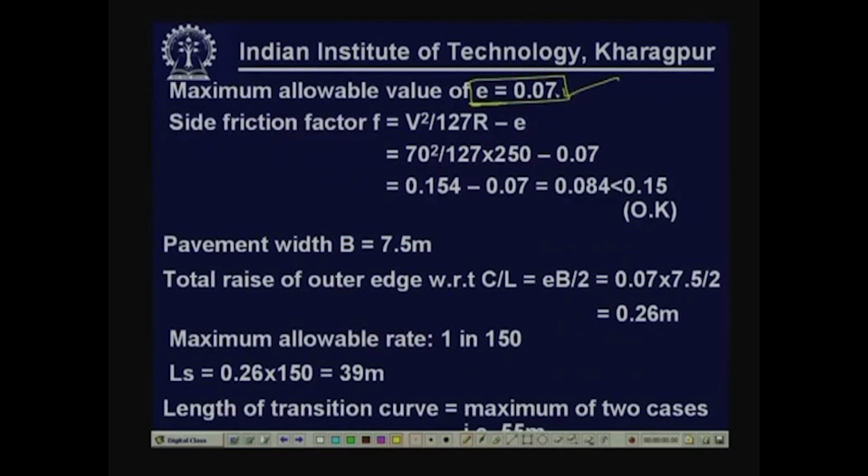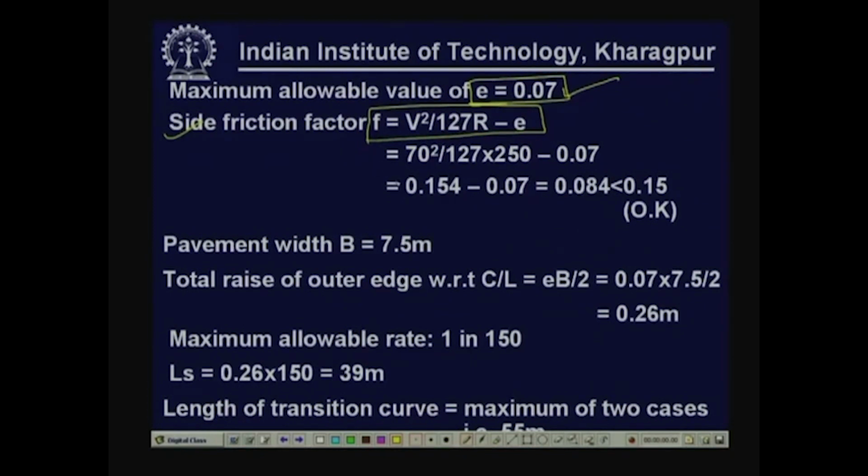So, we have to check it against the side friction factor, taking the original equilibrium equation E plus F equal to V square by 127 R. Earlier we calculated E considering 75% of the design speed. In this case, it is V square by 127 R considering the complete design speed.